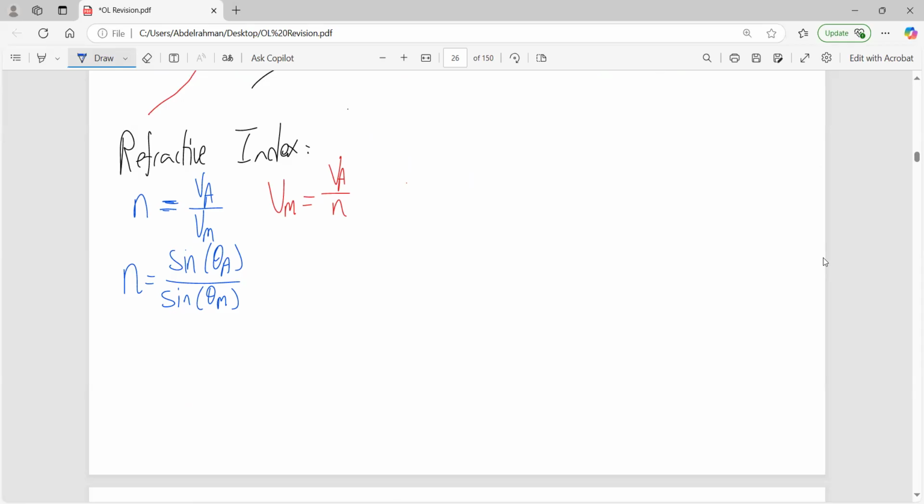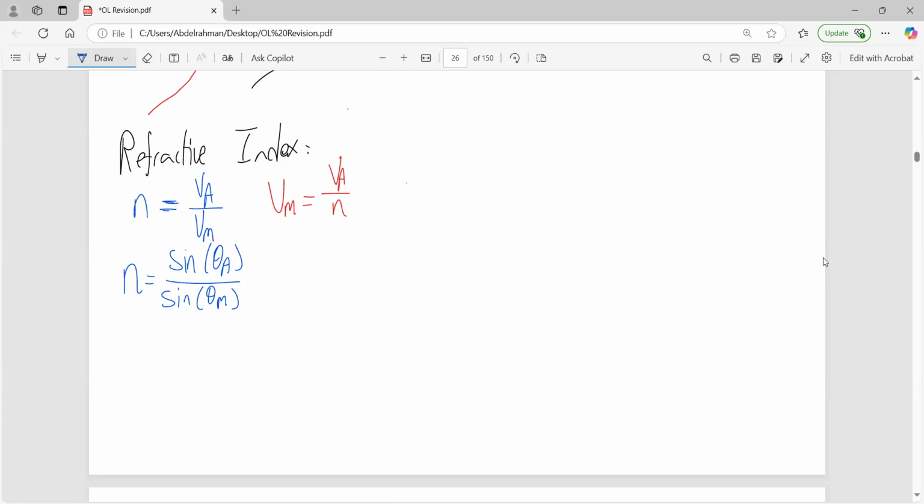And theta M is the angle of the light in the medium. Again, it doesn't have to be the angle of incidence or the angle of refraction. What matters is that theta A is the angle of light in the air, and theta M is the angle of light in the medium, whether it's refraction or incidence. This is if you have both angles.